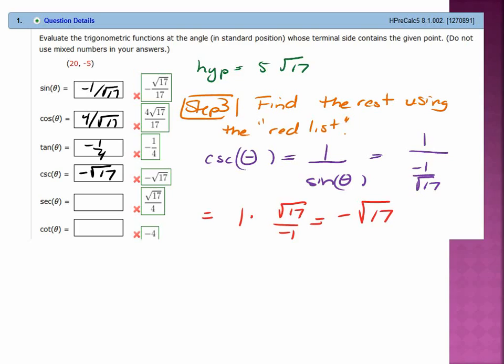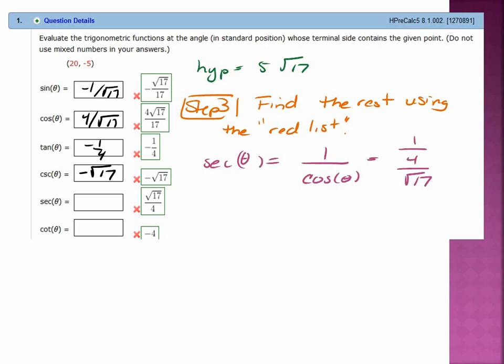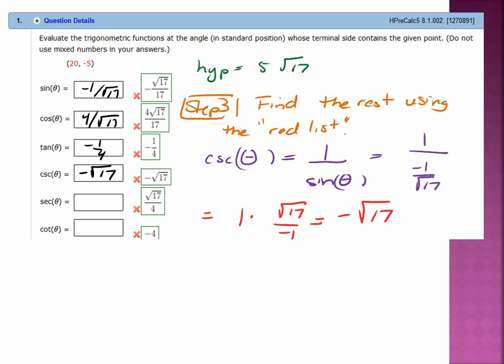Yeah, but the one and the negative one cancel out, right? No, the ones cancel out, but the negative stays. I usually scoot the negative to the top to avoid confusion. If there was a negative one here, then they would cancel. But since I have a positive one and a negative, I still retain the negative. Good to go?